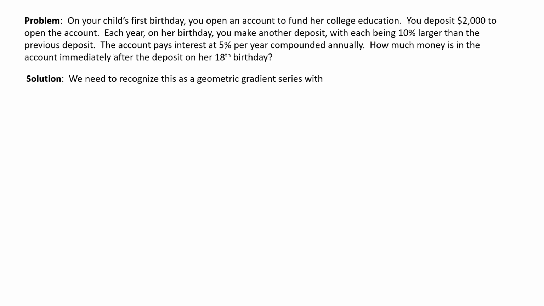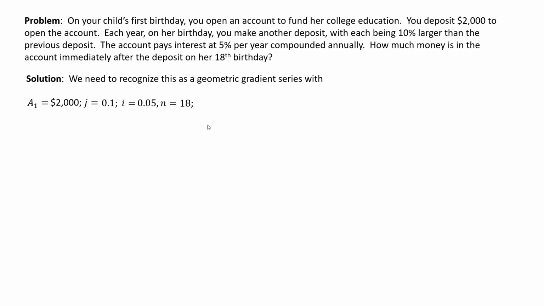So this is also a geometric gradient series with A1 being 2000. Each year the deposits are increasing by a percentage, and that j is 10% or 0.1. Interest rate is 5%, so i is 0.05. 18th birthday, and you want to find out how much money is in the account immediately after the deposit on her 18th birthday.